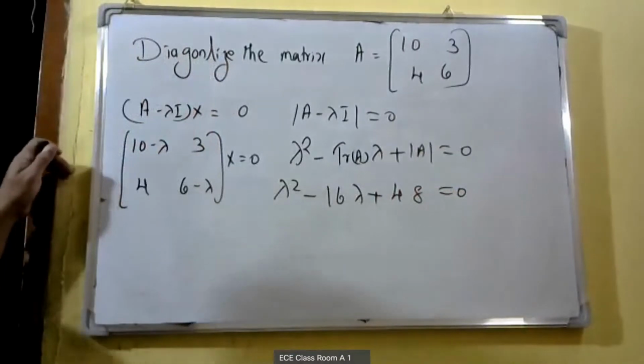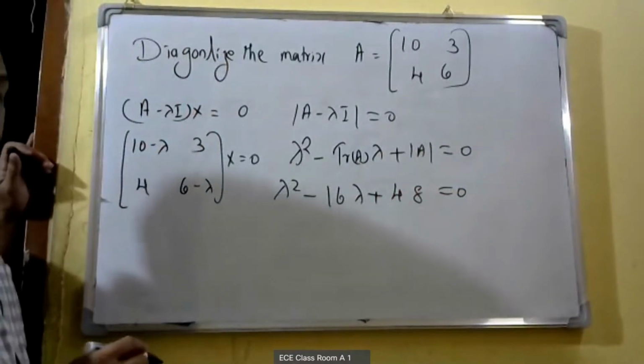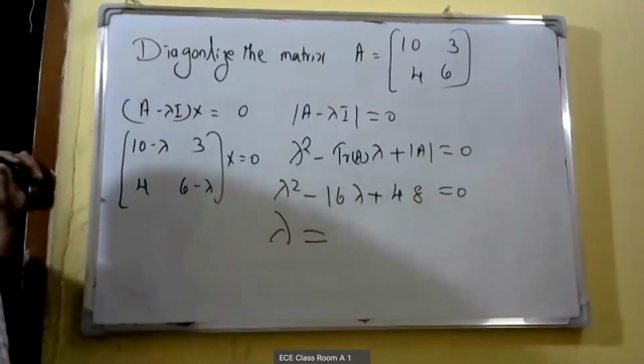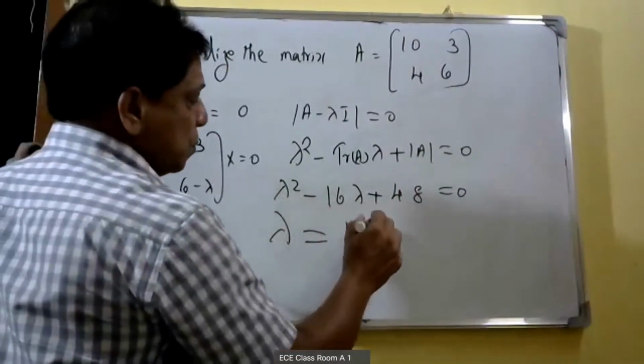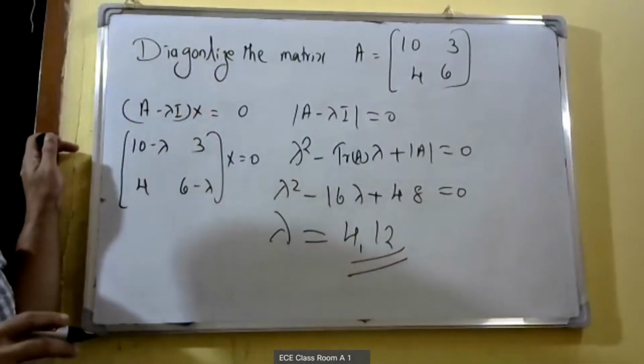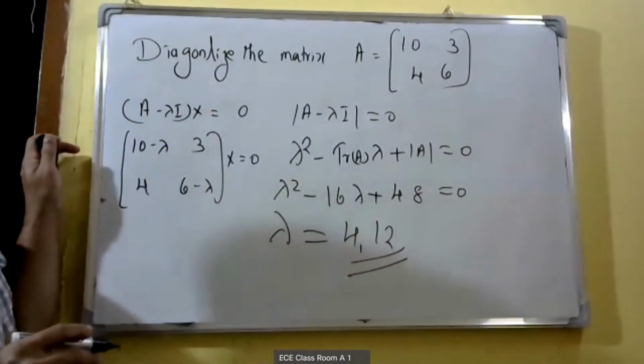Therefore, lambda squared minus 16 lambda plus 48 equals 0. Solving this equation, the eigenvalues are 4 and 12.